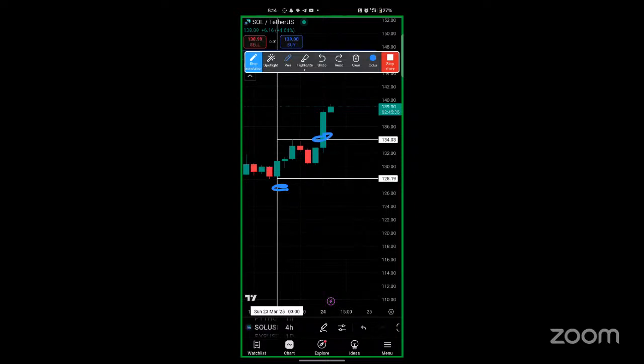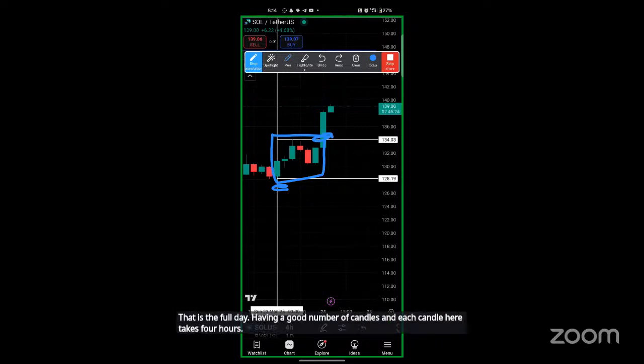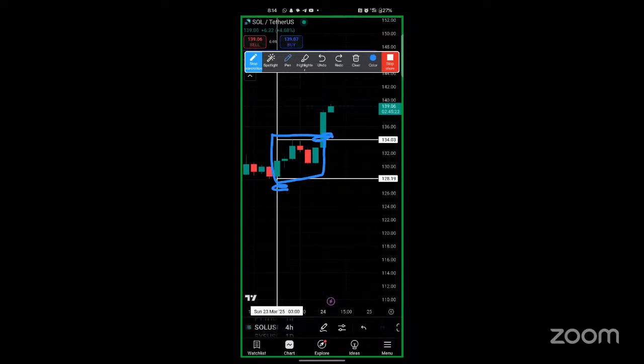That is the full day. Having a good number of candles, and each candle here takes 4 hours. So you see 1, 2, 3, 4, 5, 6. 6 candles. And each taking 4 hours.